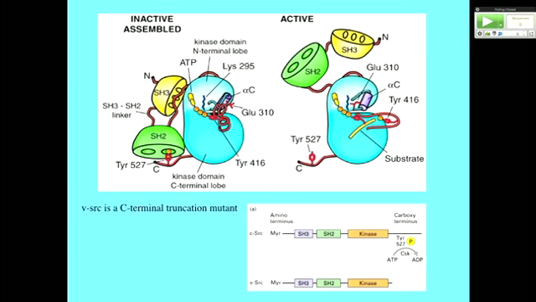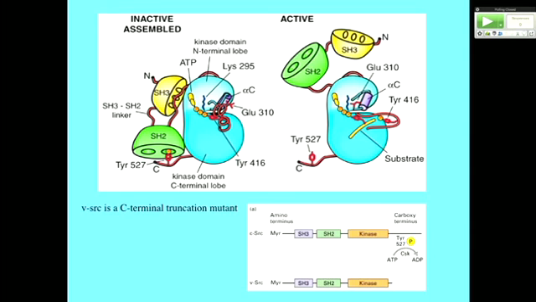So we'd like to know what is the mechanism by which this tyrosine is kept phosphorylated. It turns out there's another protein kinase called CSK, or C-terminal Src kinase, that constitutively phosphorylates this tyrosine in normal cells.